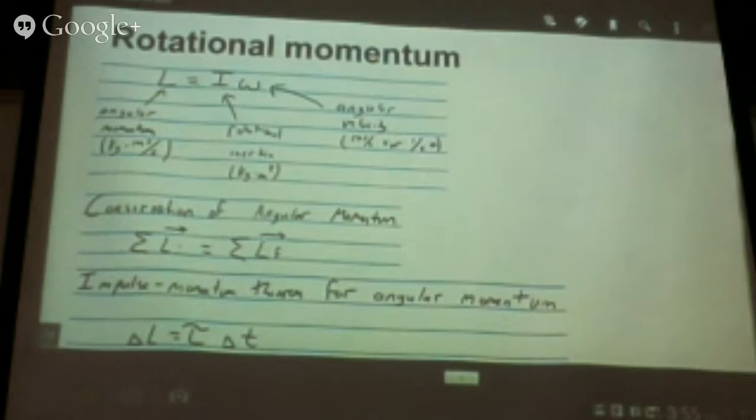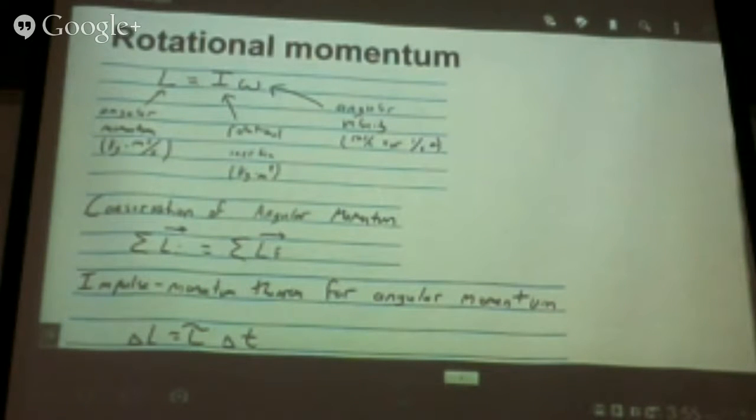And last thing, I believe, is rotational momentum. Again, another analog from linear stuff. We still have conservation of momentum. Now we're dealing with rotational or angular momentum. Instead of it being mass times linear velocity, it's the rotational mass or rotational inertia times the angular velocity to get angular momentum.